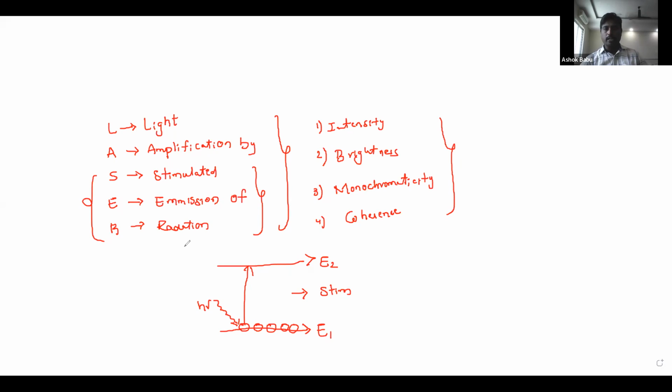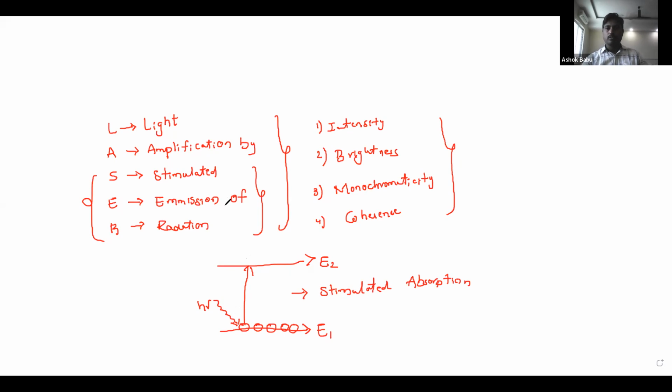Atoms in the ground state, when interacting with the matter, absorb photon energy and are excited to the higher energy state. This is called stimulated absorption. There are three mechanisms involved in the stimulated emission of radiation.